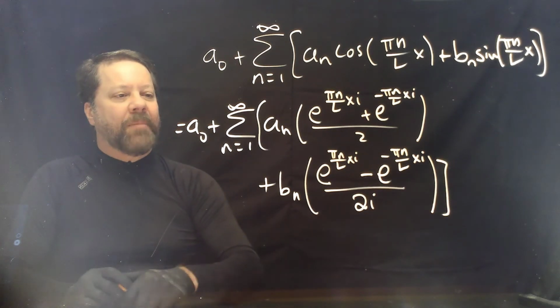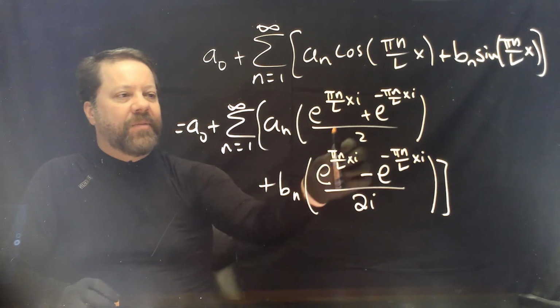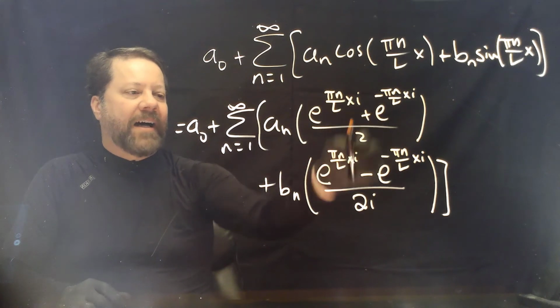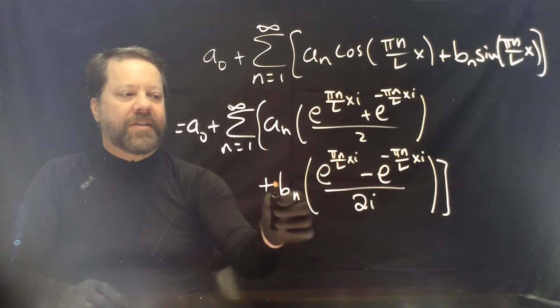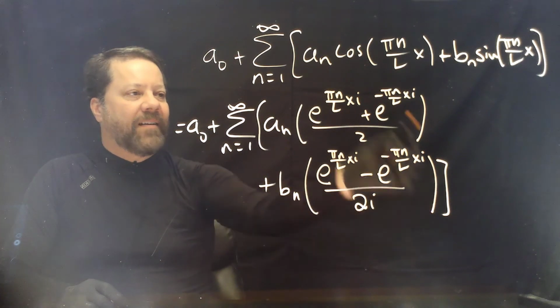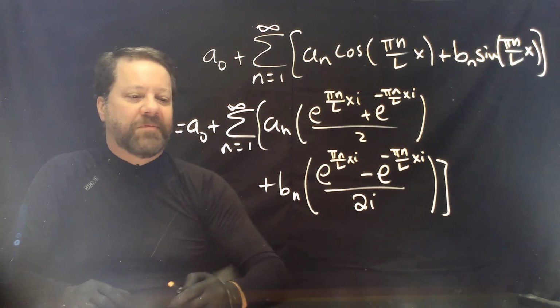We can now combine various terms. You can see that we can combine the e to the pi n i x over L's. We'll have various combinations of the an's and bn's. And we can combine these negative exponents as well.